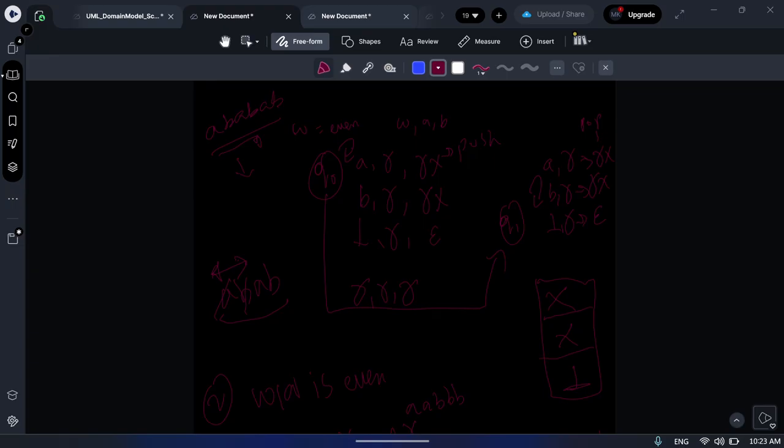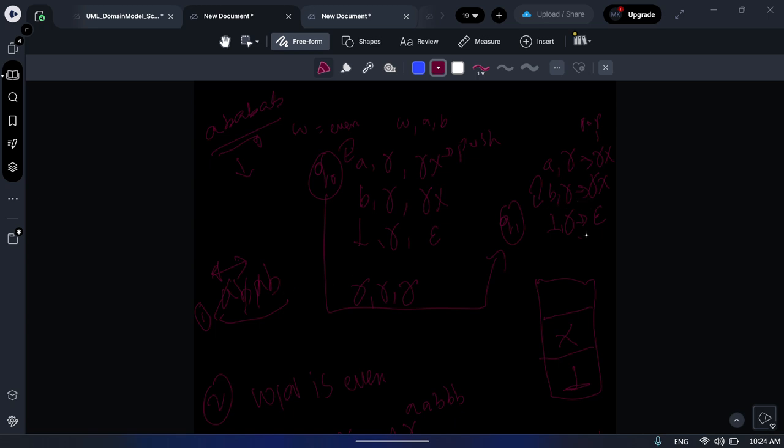So in this non-deterministic situation, you can always move whenever you want, but you can think in your head that there is only one way for you to read the word. Then you go to the new state and we have a rule for A. If you read an A here, whatever is on the stack, pop it.